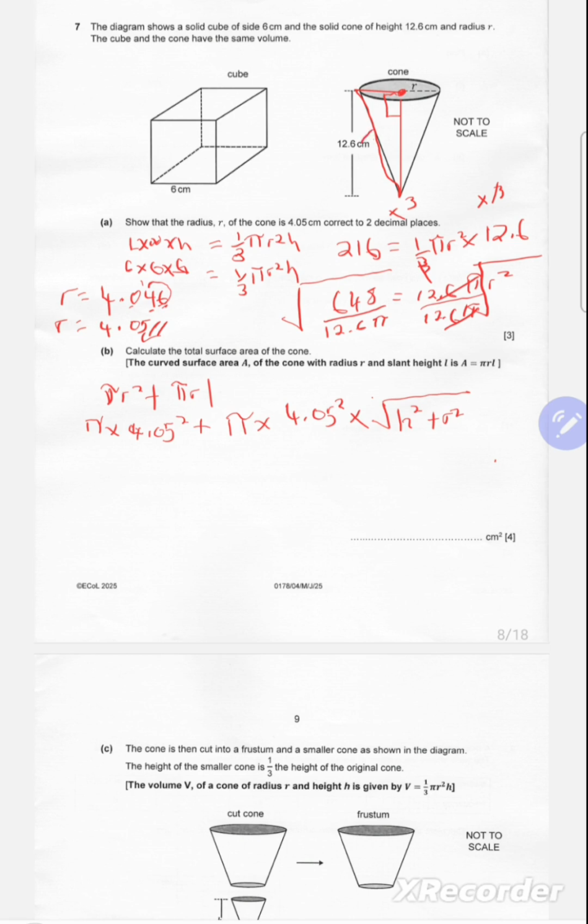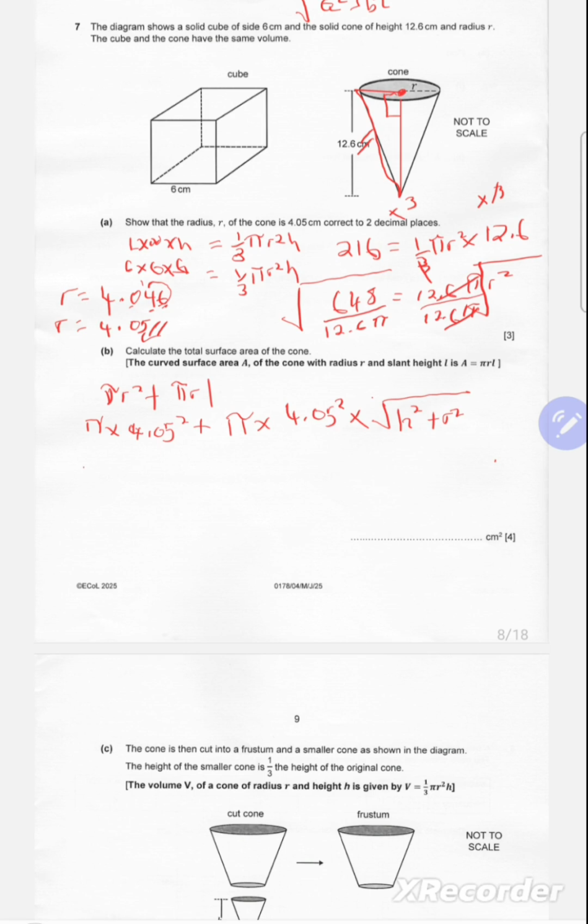So the slant height is the hypotenuse. To find the hypotenuse, it is a squared plus b squared, then under the square root. In this case our a and b are r and h. You can just do this from your calculator.